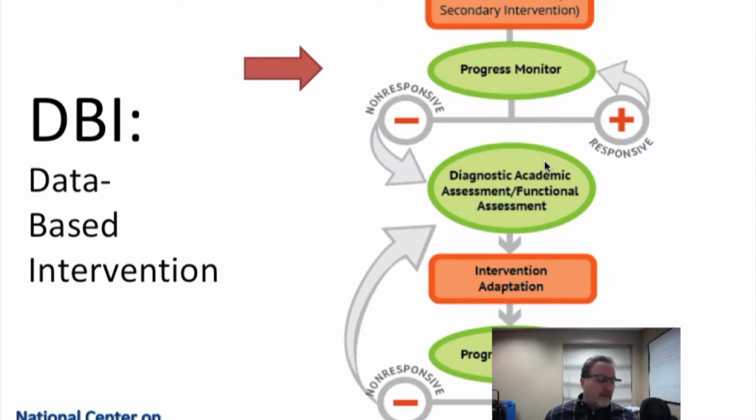I think I said in an earlier module that failure with a tier two intervention should be rare. That is because those interventions are designed and validated and have been demonstrated to be effective when delivered with fidelity. But there will be some students whose needs go beyond the level of that tier two intervention, and they do require something more.